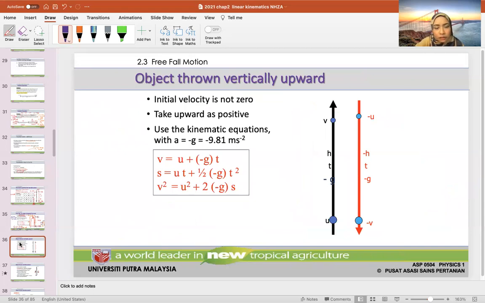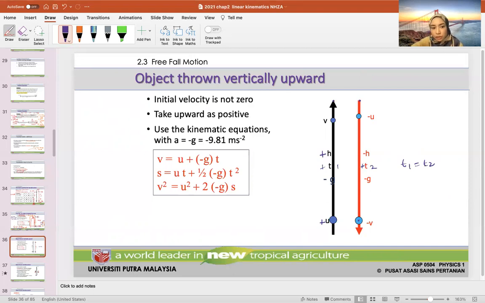This one is an object thrown vertically upward, we have discussed this. Your U is positive here, your H is positive, this one your H is negative, time is always positive. If it's symmetrical, T1 is equal to T2. The time taken for the ball to reach this point is the same as the time for the ball from this point to reach the landing point.